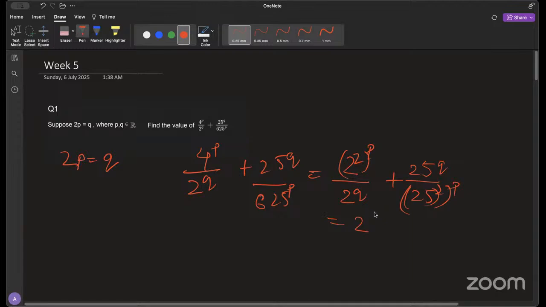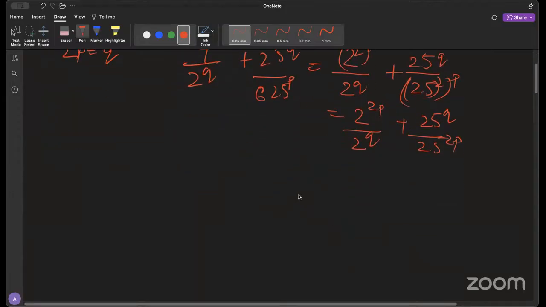Which gives us, I hope my handwriting is legible, and this.